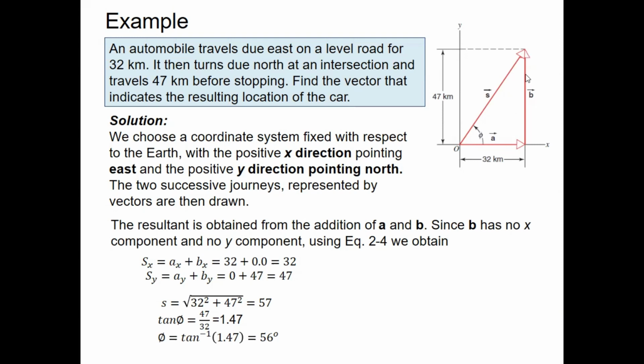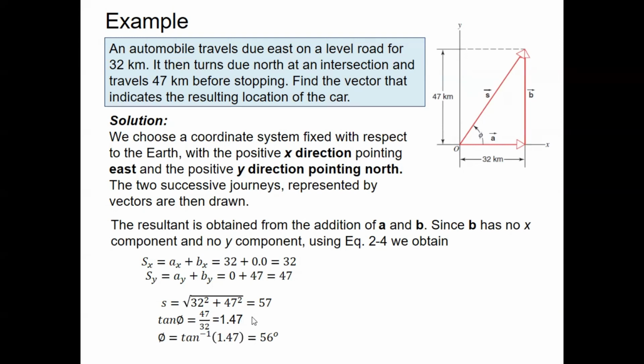The tangent is basically the perpendicular value divided by the base. So the magnitude of the perpendicular vector is b, and the magnitude of this vector is a. So b divided by a, which is 47 kilometers divided by 32 kilometers, we get 1.47.